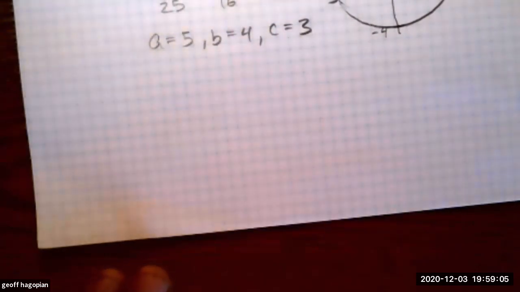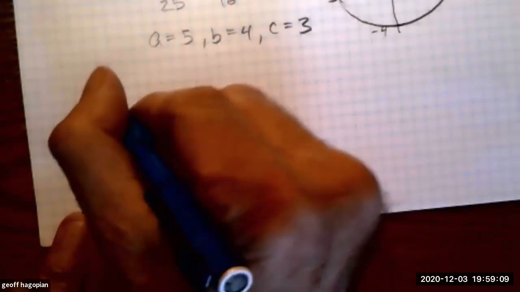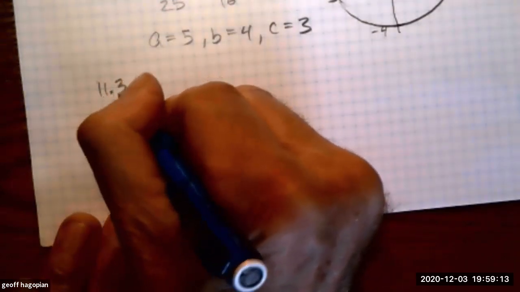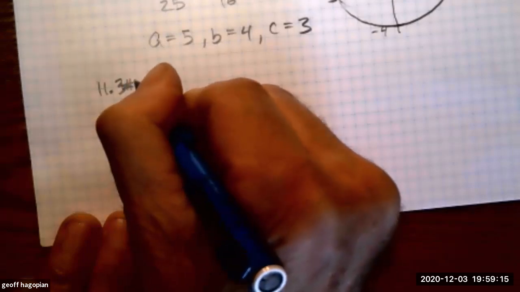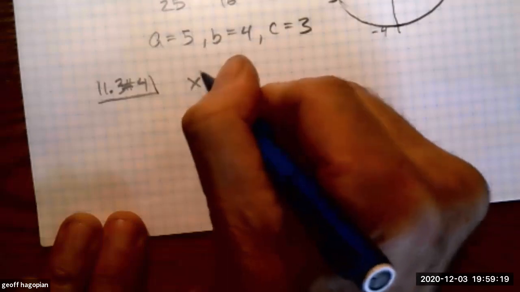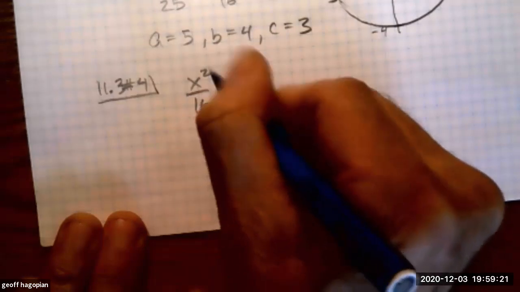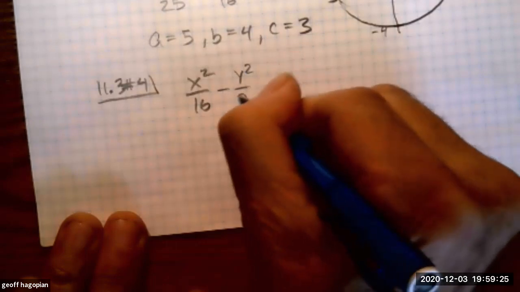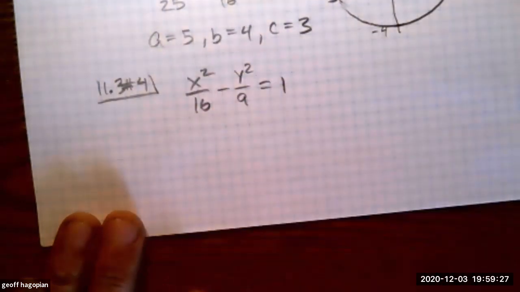So in the text, this is now 11.3, number 4. They want us to sketch a graph of x squared over 16 minus y squared over 9 equals 1.